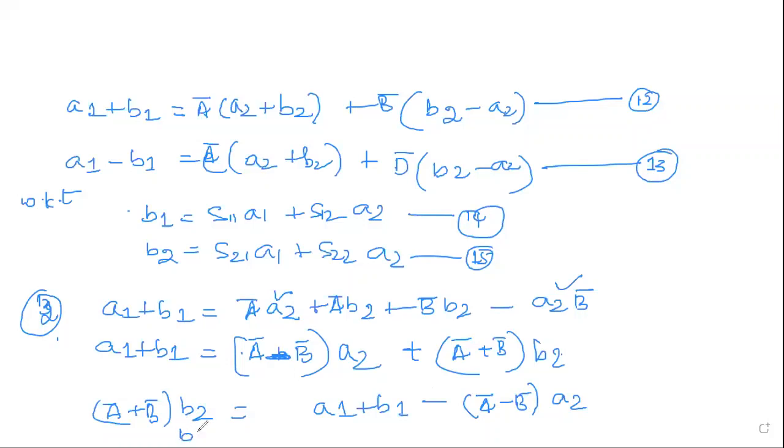Now if I write for B2, it is A1 plus B1 minus A bar minus B bar into A2. This whole, divide the whole equation by A bar plus B bar. I want everybody to understand it because in the textbook it is directly given. Similarly, solve for the S parameters, and they have given S11, S12, S21, S22 directly.